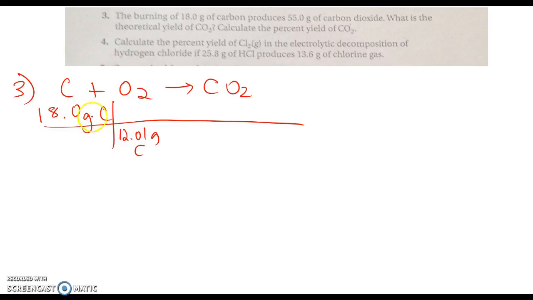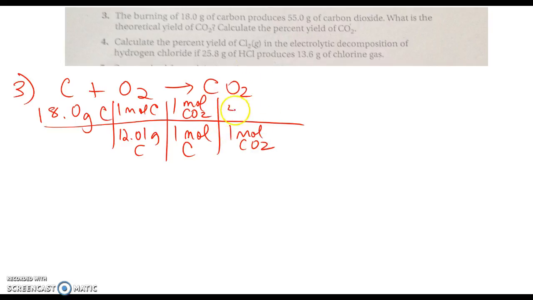So I'm going to change grams of carbon into moles of carbon. And I'm going to use the coefficients of the balanced equation to convert from moles of carbon to moles of carbon dioxide. And then for moles of carbon dioxide, using the molar mass, I'm going to get to grams of carbon dioxide.